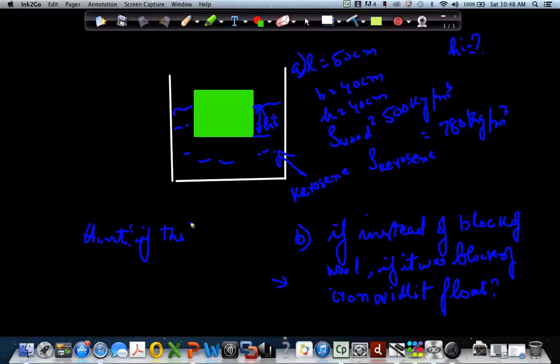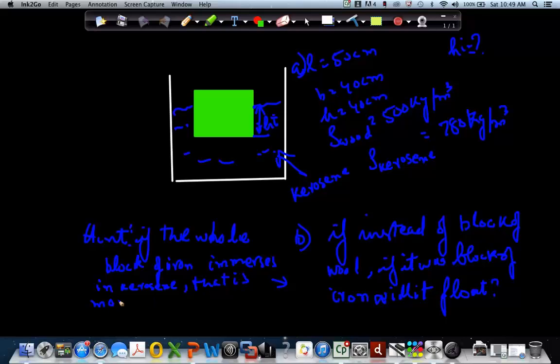So the hint is, if the whole block of iron immerses in kerosene, that is the maximum buoyant force.